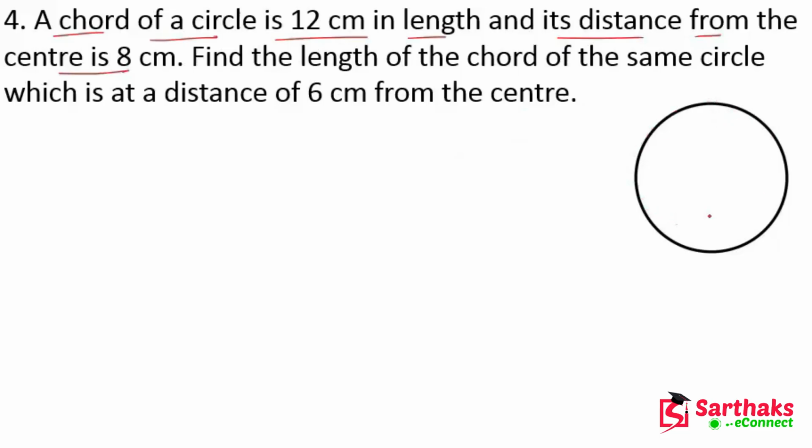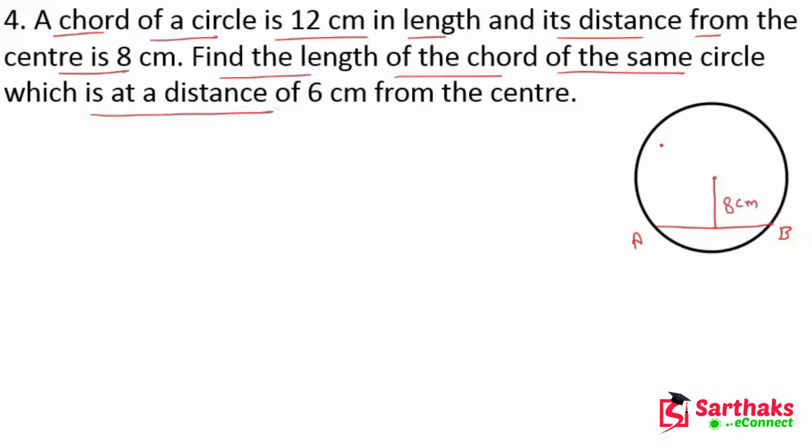Let's suppose we have a circle like this, and a chord AB, and the distance of the chord from the center is 8 centimeters. Now find the length of the chord of the same circle which is at a distance of 6 centimeters.